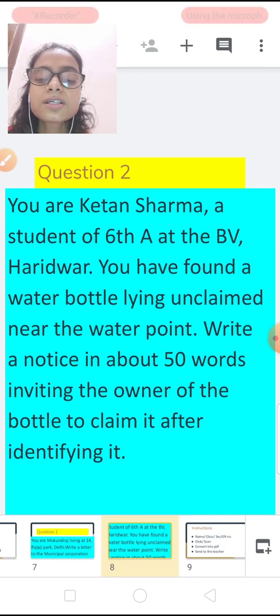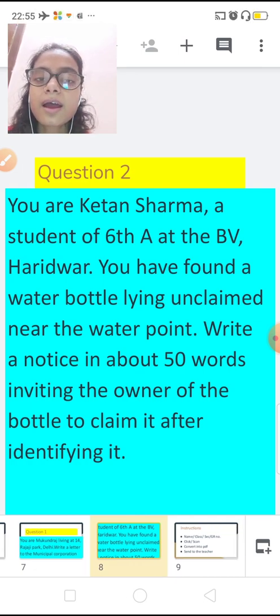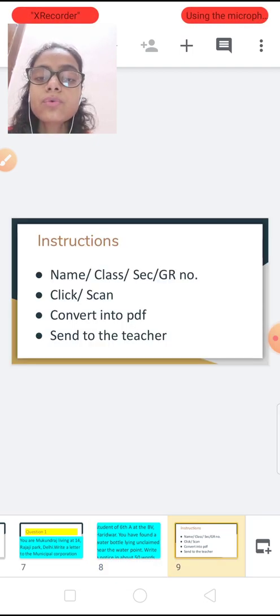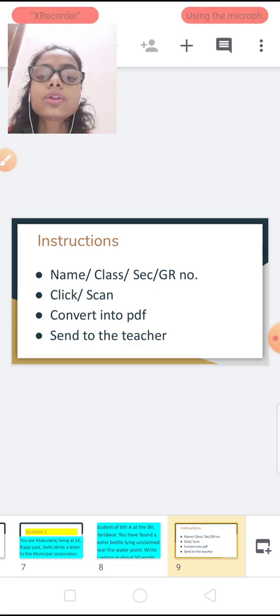After that, just click a photo, convert it into a PDF and send it to your teacher. Don't forget to write your name, class, section and GR number on the top of the answers.